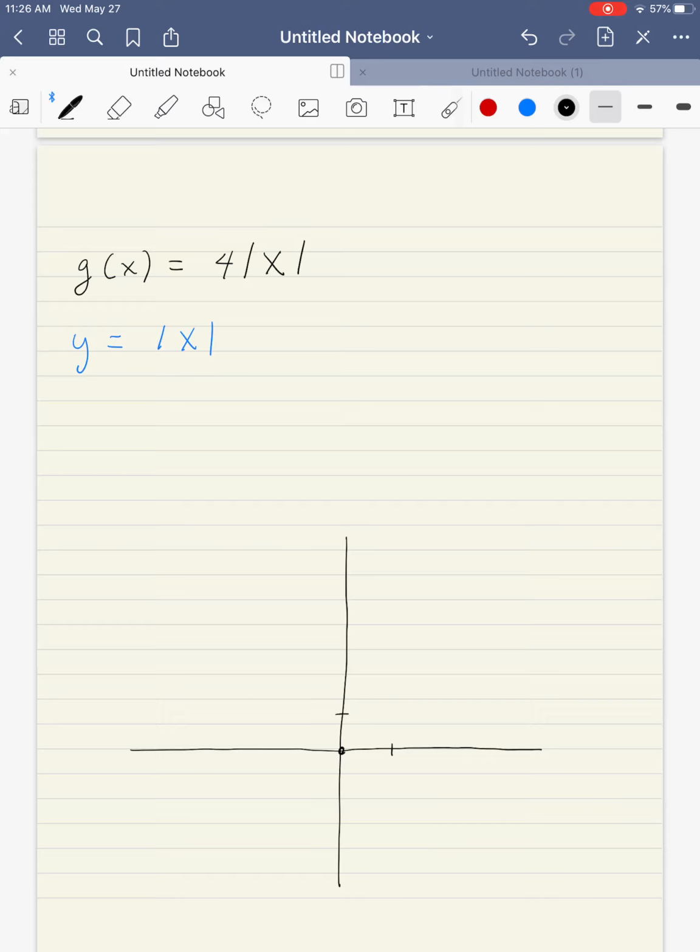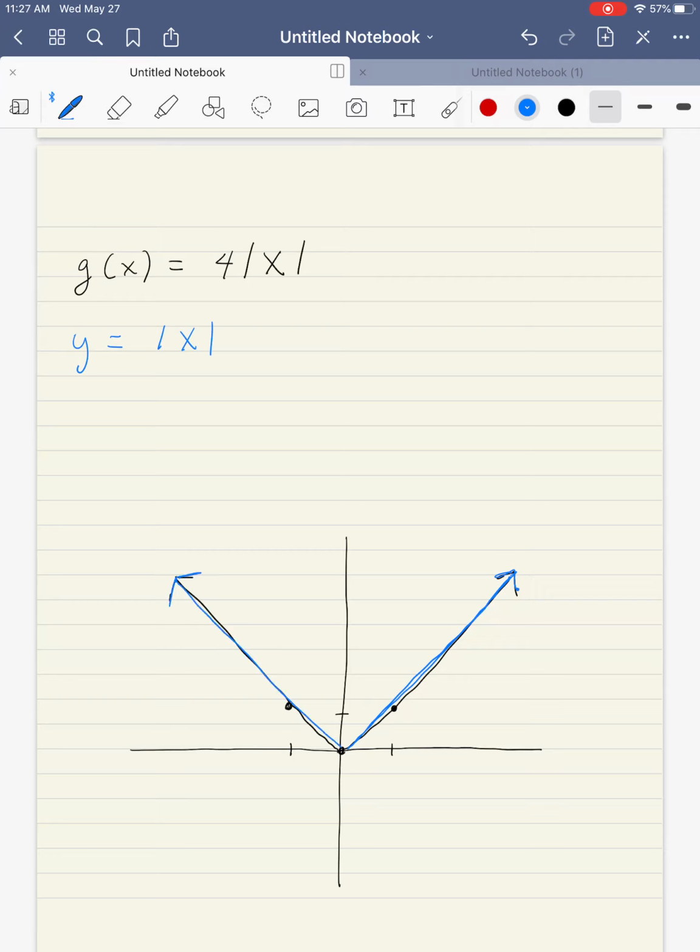We have 0, 0. The absolute value of 1 is 1. The absolute value of negative 1 is positive 1. And we know from our basic functions that it is a straight line out in this direction. And this is our y equals the absolute value of x.